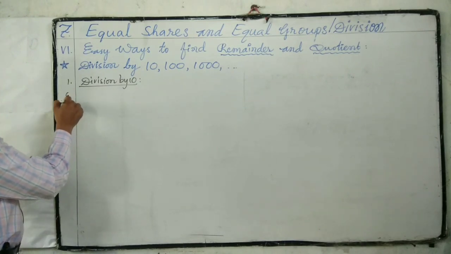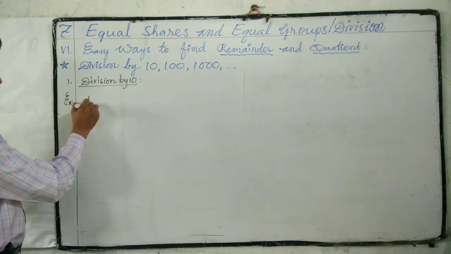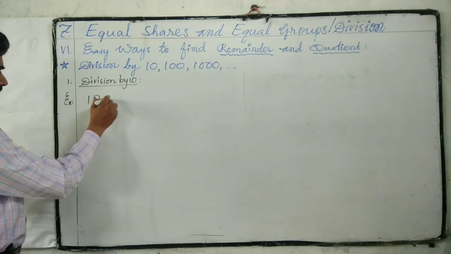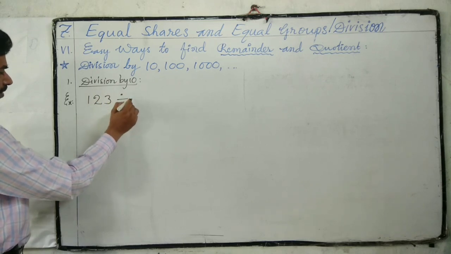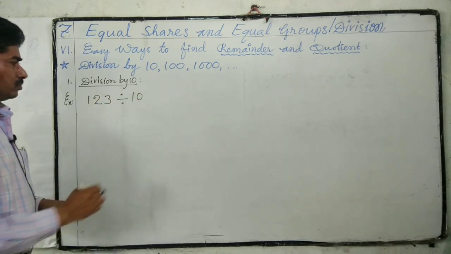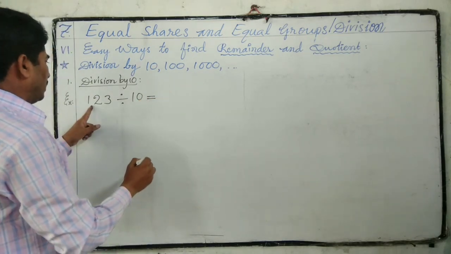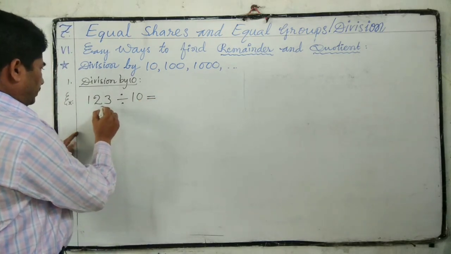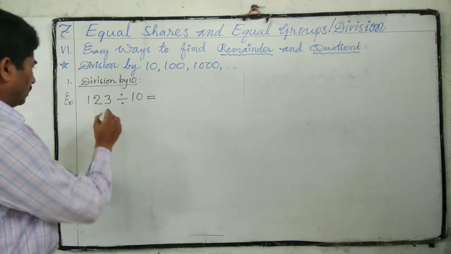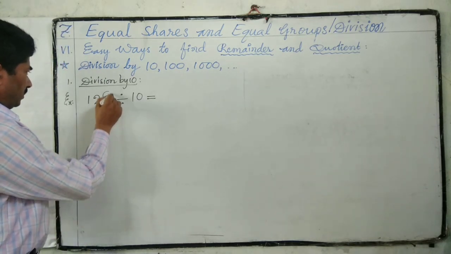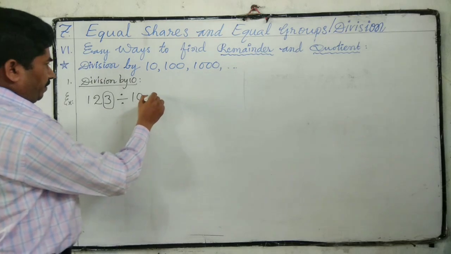Example, 123 divided by 10. In this, the last digit is the remainder.